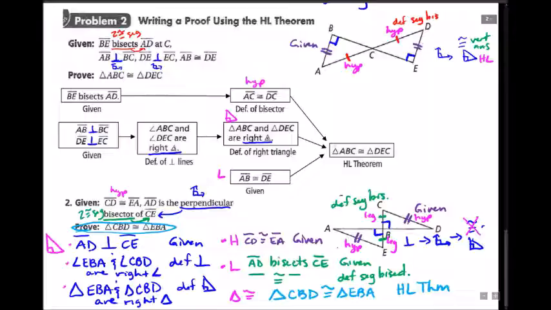That lets me write that segment CB is congruent to segment EB, and that's just definition of segment bisector. Okay, so that's how I got my leg. I now have right triangles and congruent hypotenuses and congruent legs, and I can now prove, what was I asked to prove? That my triangles were congruent. Triangle CBD is congruent to triangle EBA, and I used the hypotenuse leg theorem. And so there you go.